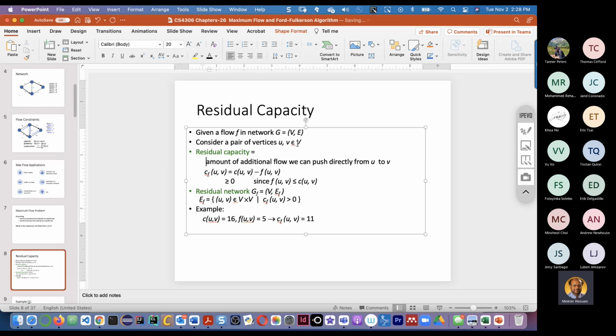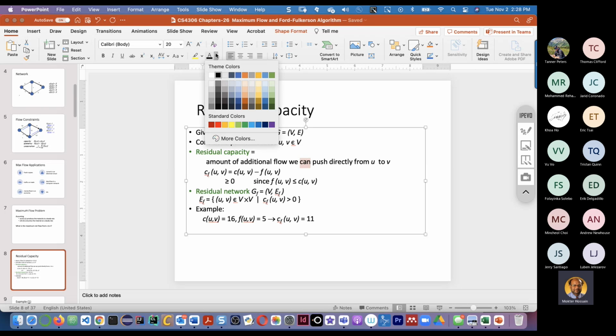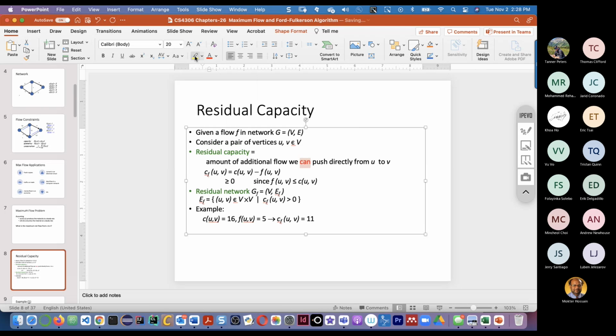Residual capacity is the amount of additional flow we can push directly from U to V. So the main word over here is can. The keywords here are additional flow, and that it can be pushed.